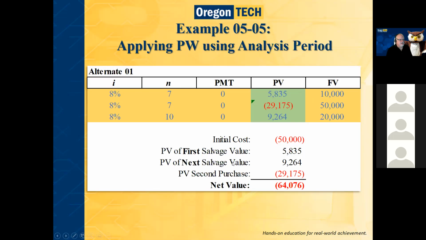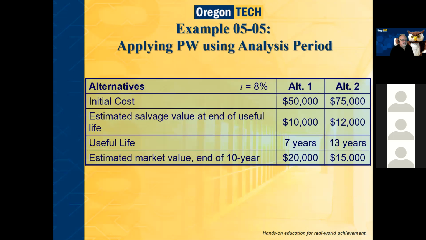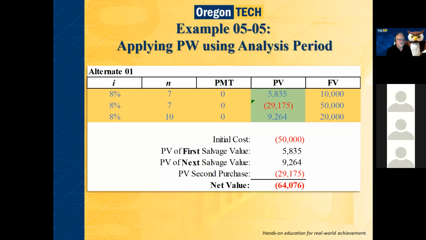Next salvage value is that $20,000, because it says at the end of 10 years, which is the study period, is $29,175. That's why you have 3 calculations. Initial cost, no calculation. Salvage value at the end of 7 years, $58.35. Next salvage value at the end of 10 years is $20,000.